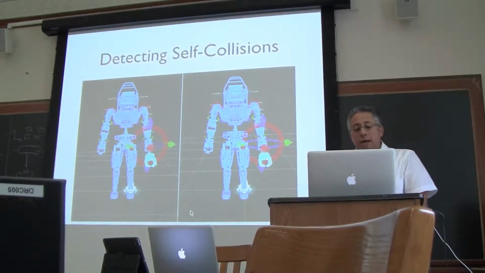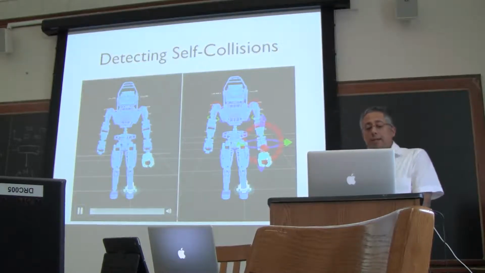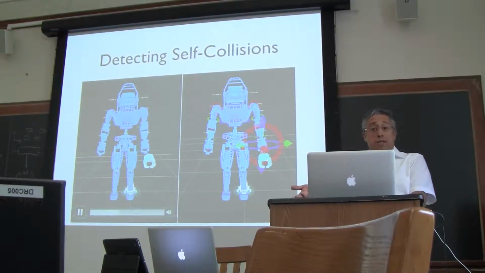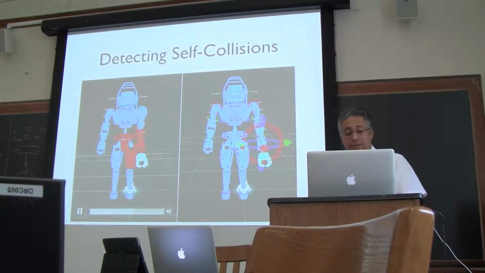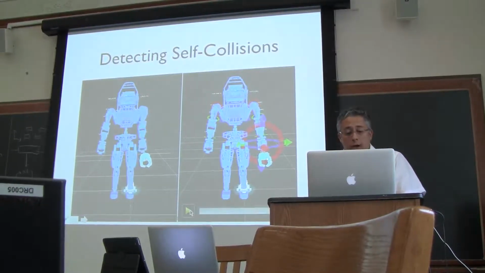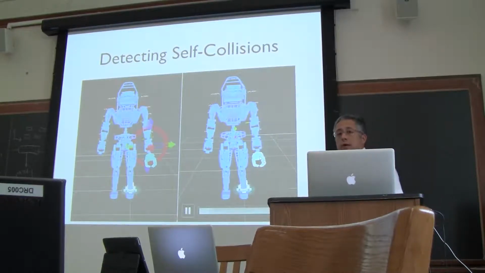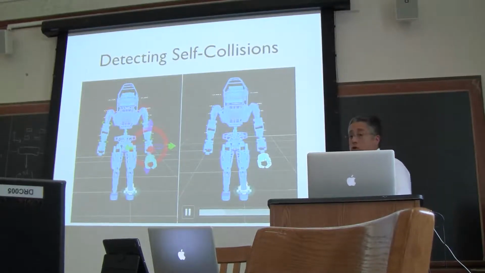So what we did since the trials is that we can now at least detect self-collisions. As the robot arm starts moving, we can provide this to the operator as feedback, or we can control the robot. Using the full body controller, we can move the robot to avoid those collisions.